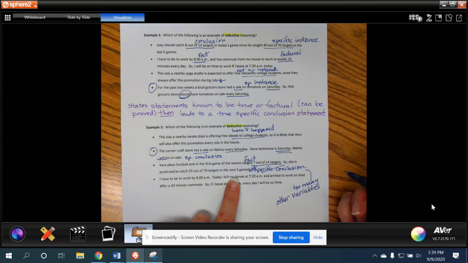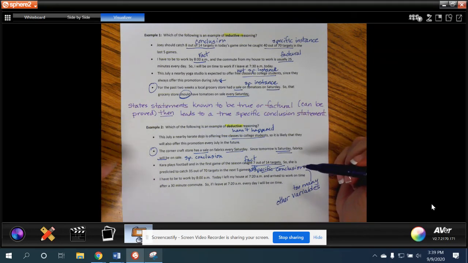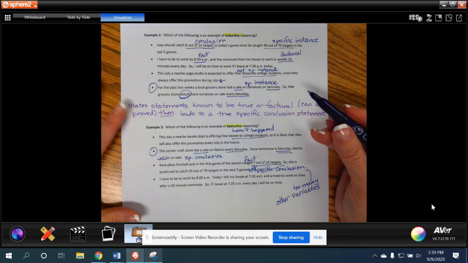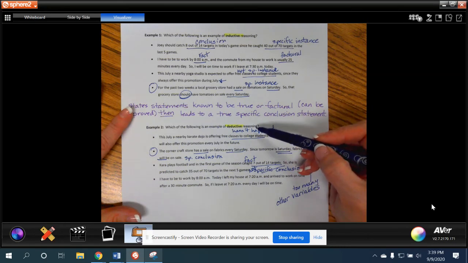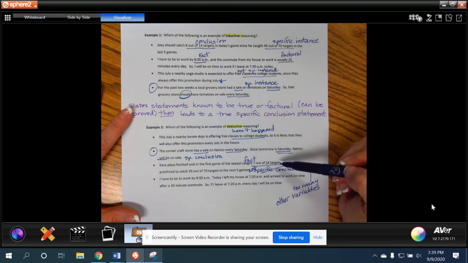What if there's just too many other variables that can affect that situation? So because it's not specific enough, it would not be considered deductive. So that's why deductive can be so questionable. It looks like it could be deductive, but you've got to say, is the conclusion specific enough?